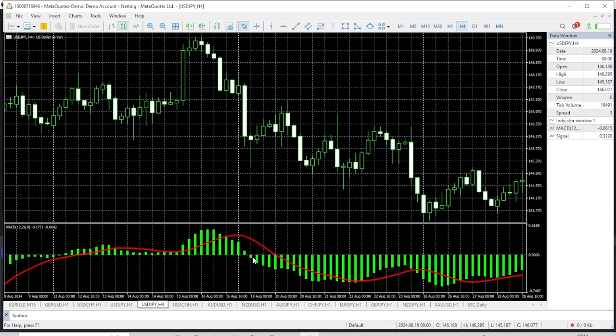No, once this one crosses over, it's like on your mark, and then you wait till the signal line, the red line now, crosses the 0.00 level. That is like get set and go.